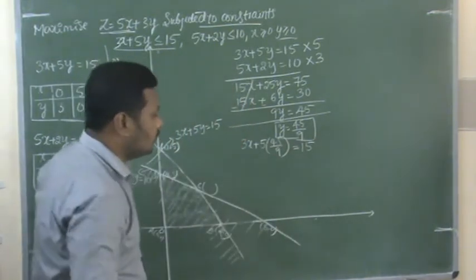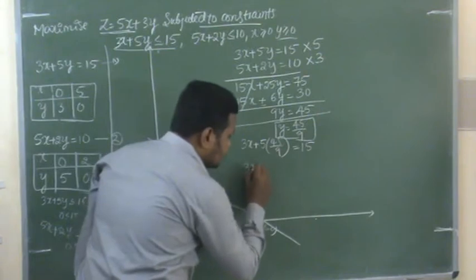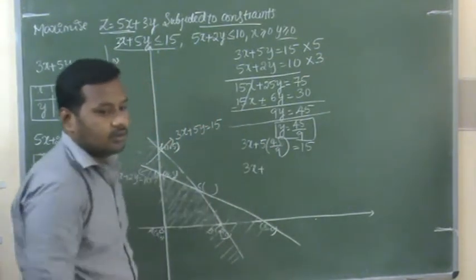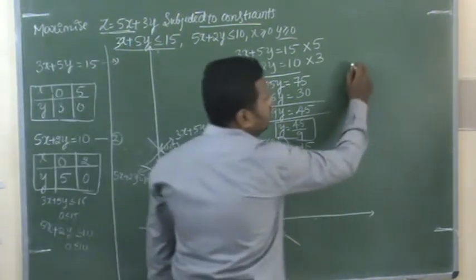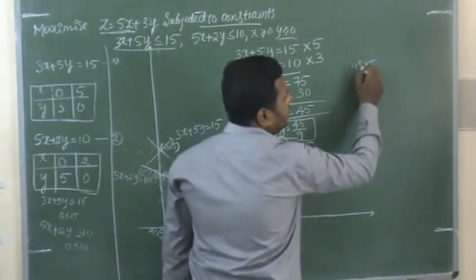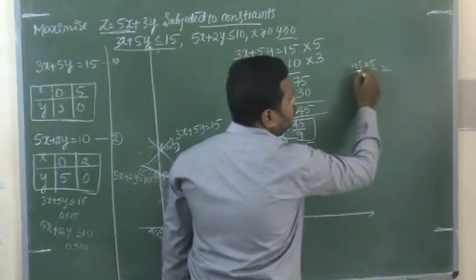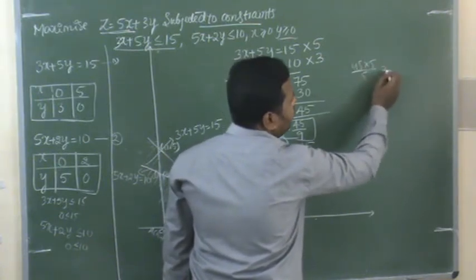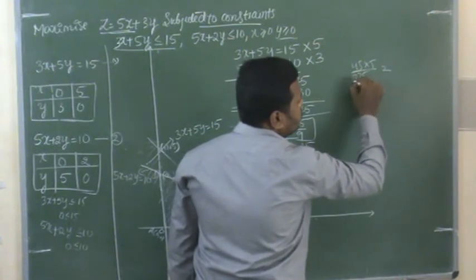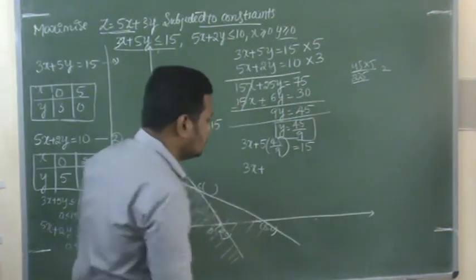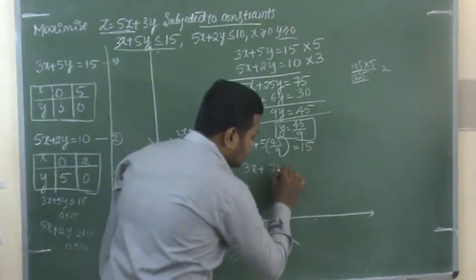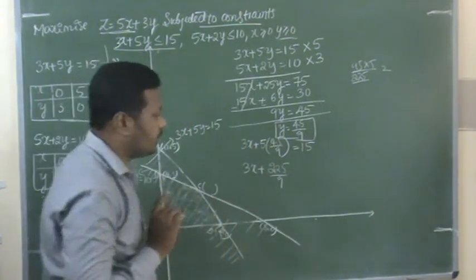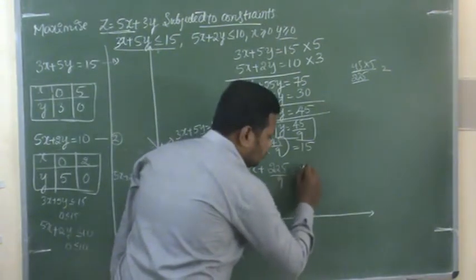Now 3x plus 45 fives are how much? 45 into 5 is 225. 225 divided by 9 is equal to 15.